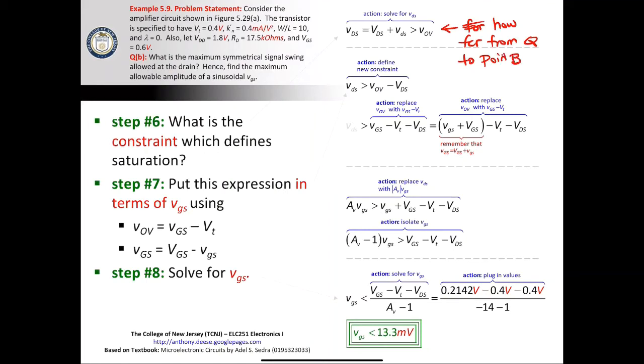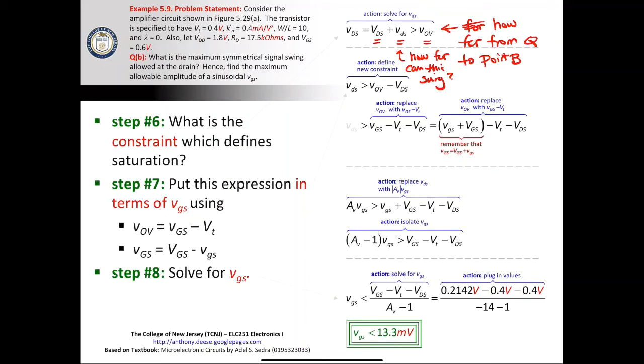All right. Now we want to get that in terms of small VDS. Because we know the large signal component, we know what VOV is, we want to see how far we can swing, which is that small value VDS. And so in order to do that, what we can do is move the knowns to one side.